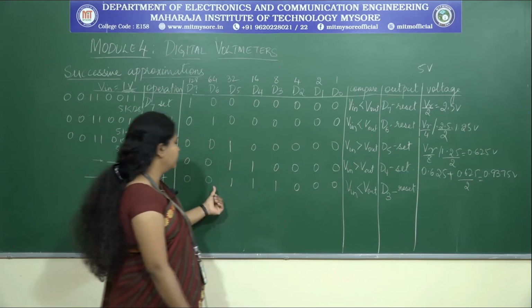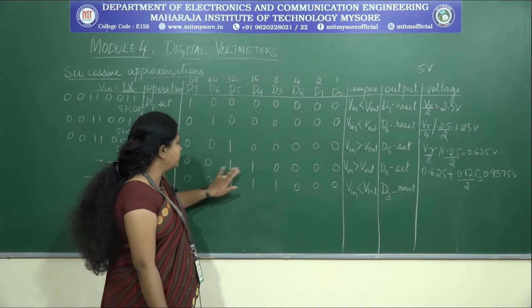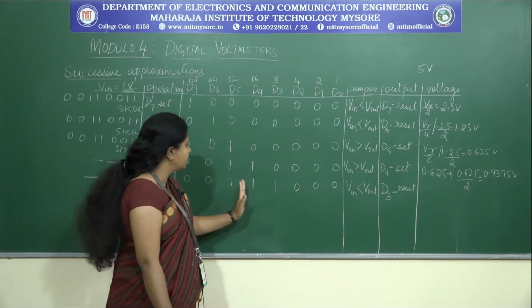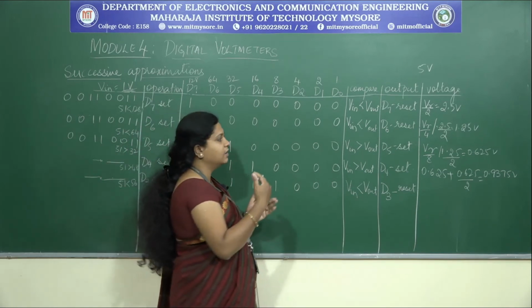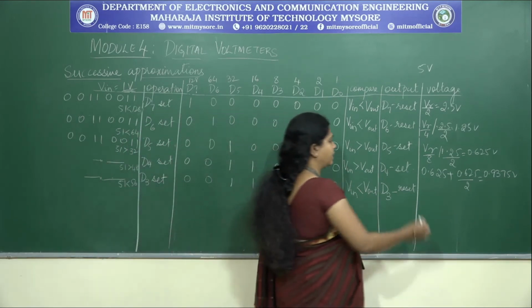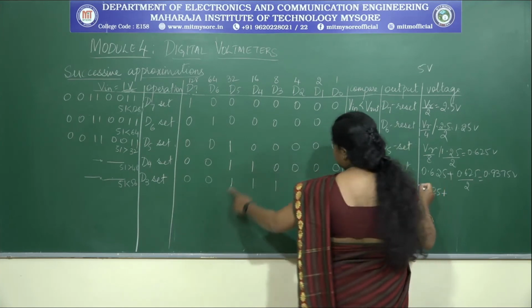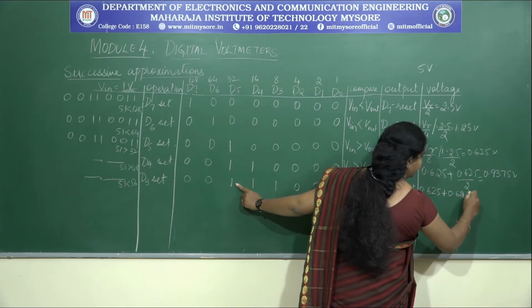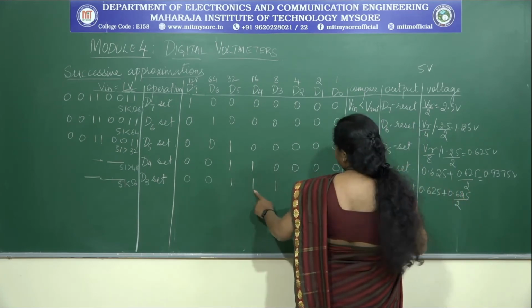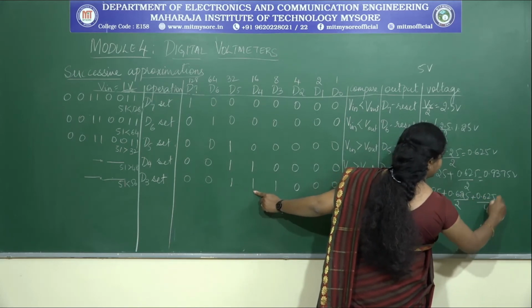Now calculate the value here. You got 0.625 for this, 0.625 divided by 2 you got this, 0.625 divided by 4, add all the values to get the total weighted approximated value. So you will get 0.625 plus, the first bit was 0.625, plus 0.625 divided by 2 plus 0.625 divided by 4.